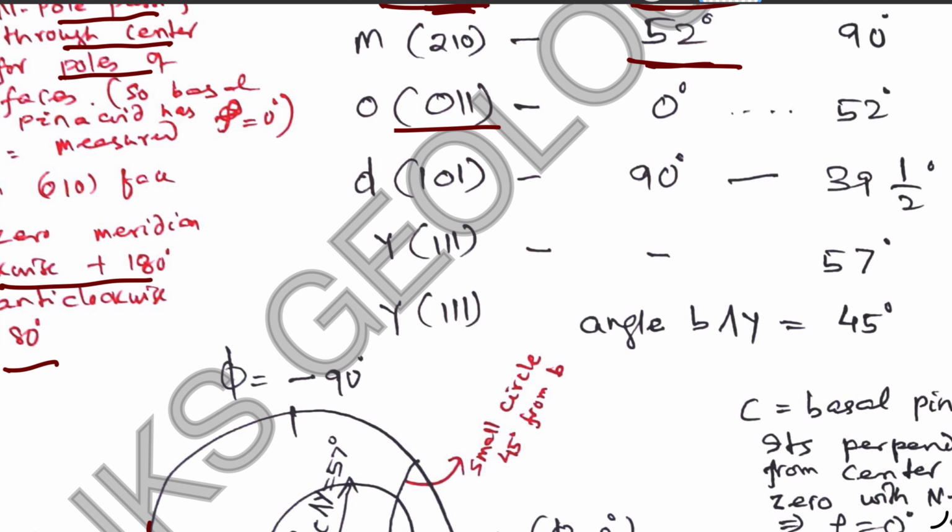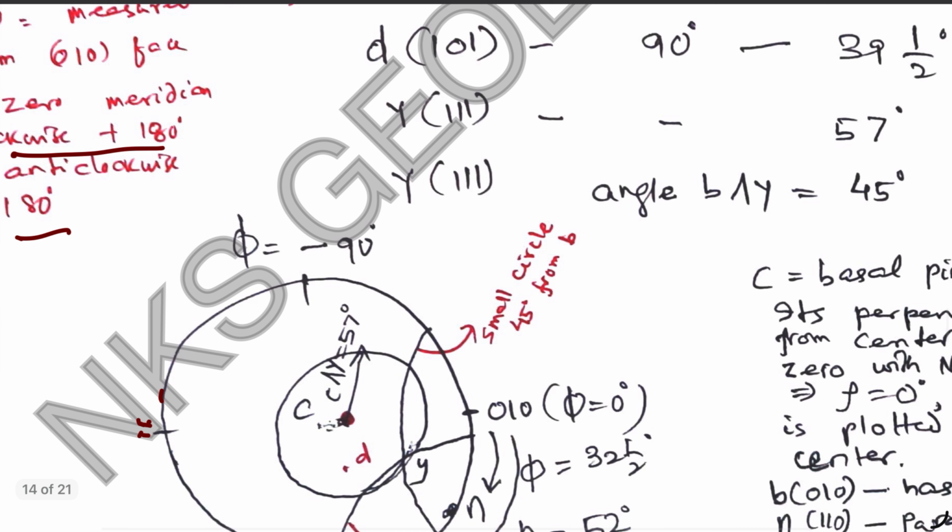It will be measured from this point, this is 0. So 52 degree will be somewhere here. So this will be the position of O.